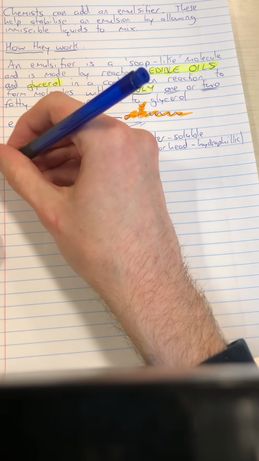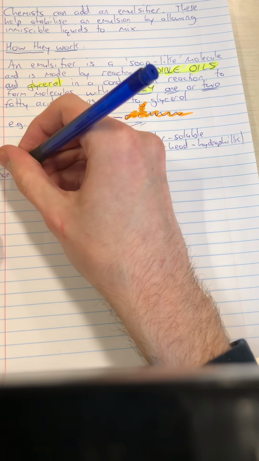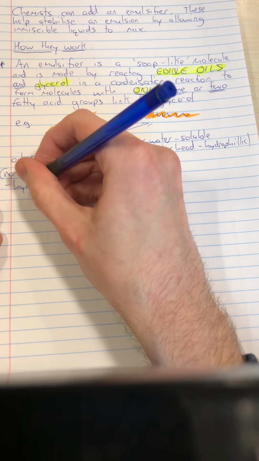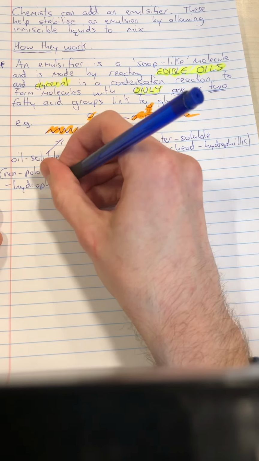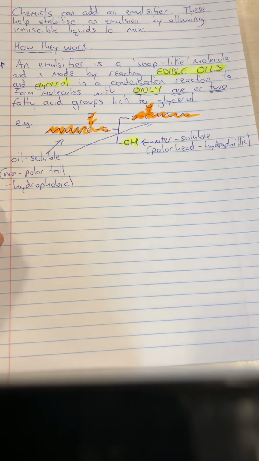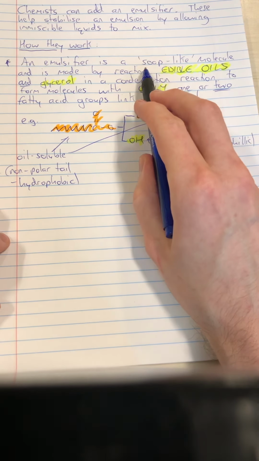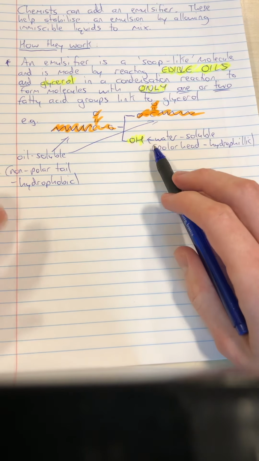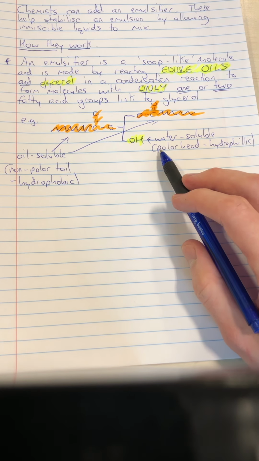That is your non-polar tail, essentially, and a non-polar tail is hydrophobic. And this is where the term soap-like molecule comes into it. It's definitely not a soap because it's not a salt. It's not a sodium or a potassium salt.